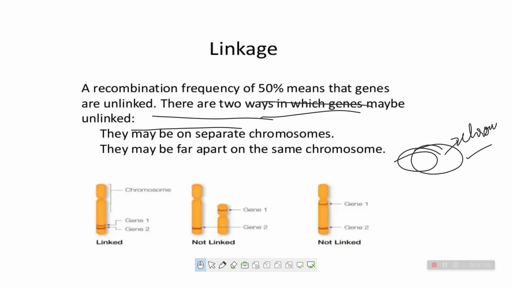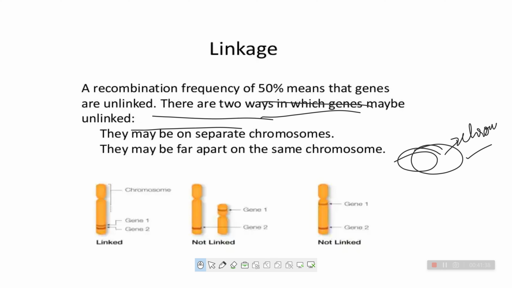Linkage is a recombination method by which we determine the frequency of recombination in genes, whether they are linked genes or unlinked genes. There are two types of genes. If linkage takes place, they are linked genes. If linkage does not take place, they are unlinked genes.